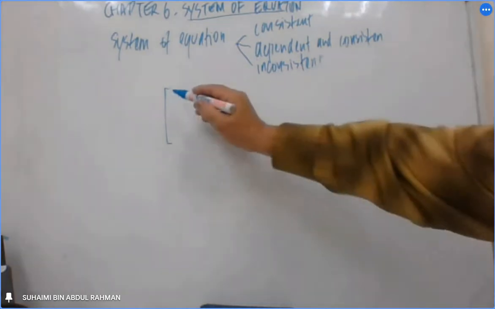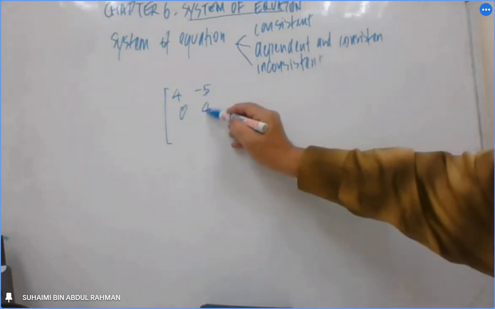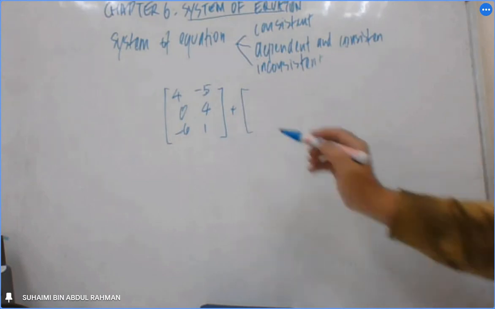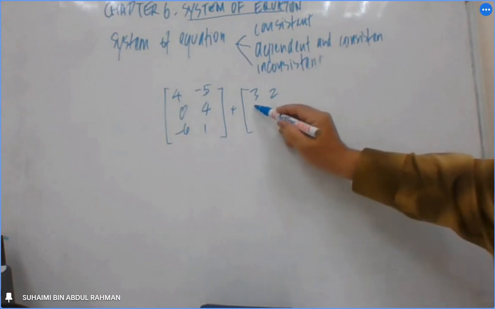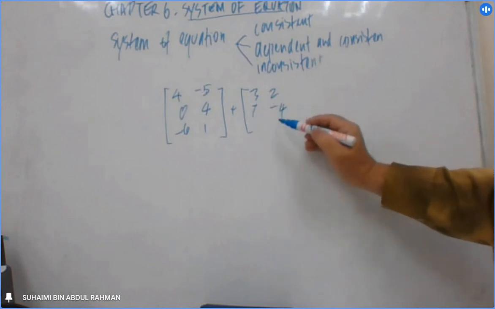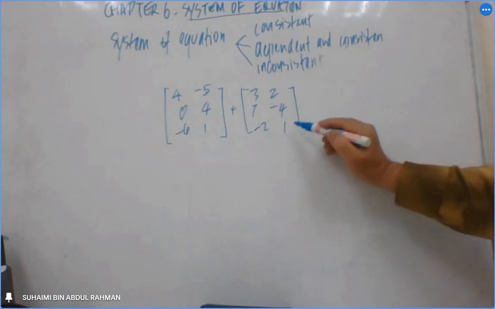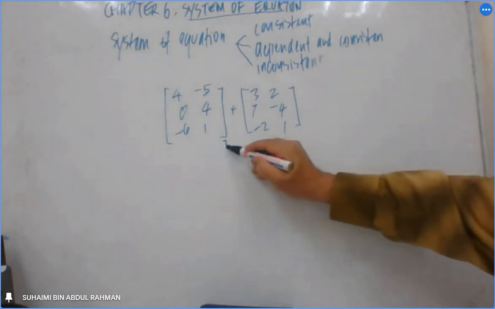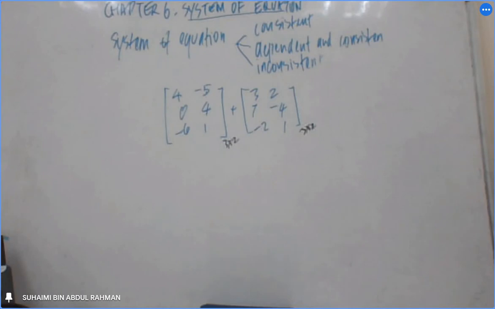Let's say one matrix 4, minus 5, 0, 4, minus 6, 1, adding with another matrix 3, 2, 7, minus 4, minus 2, 1. This is a matrix of 3 times 2, 3 rows and 2 columns. We can only add with a matrix 3 times 2 as well.